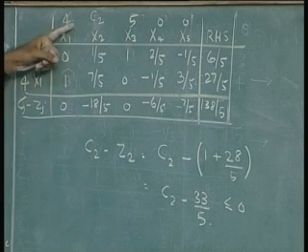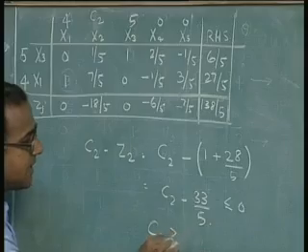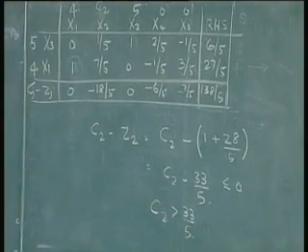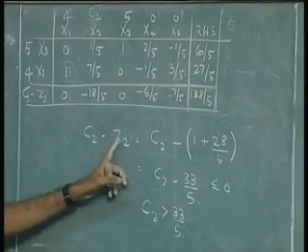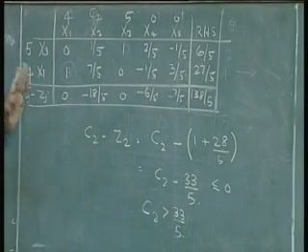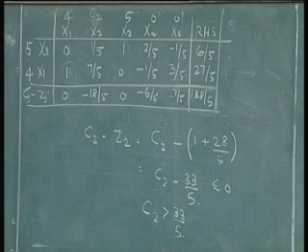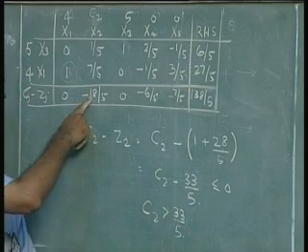So, the change in C2 will have an impact only if C2 is greater than 33 by 5. If C2 is greater than 33 by 5, C2 minus Z2 will become strictly positive and variable x2 will try to enter the basis. At C2 equal to 3, we would have 3 minus 33 by 5, which is minus 18 by 5.